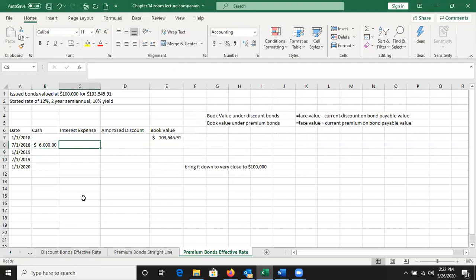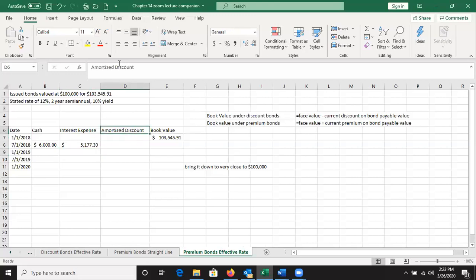Interest expense, we are going to calculate since we're doing the effective rate. Under the effective rate, we calculate the interest by taking the previous book value, or the most up-to-date book value, multiplied by the market rate, 10%, multiplied by the term. Again, it's semi-annual, 6 out of 12 months, or 0.5. So the interest expense is $5,177.30.